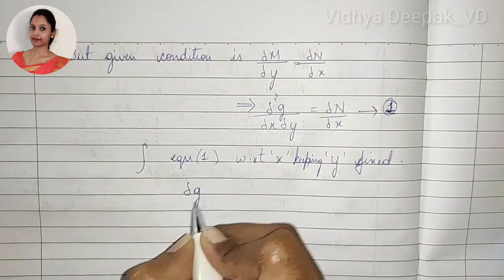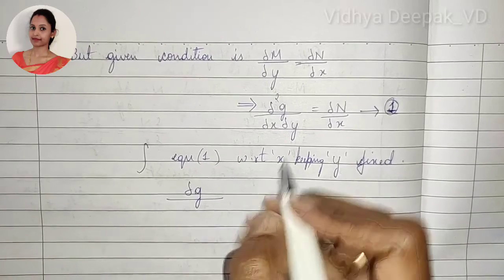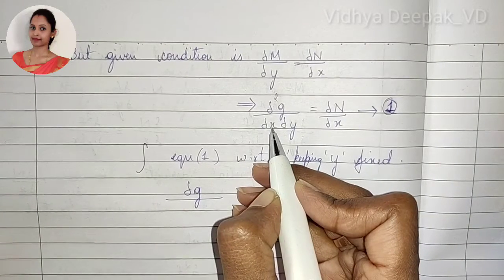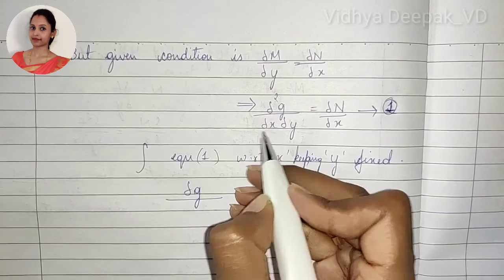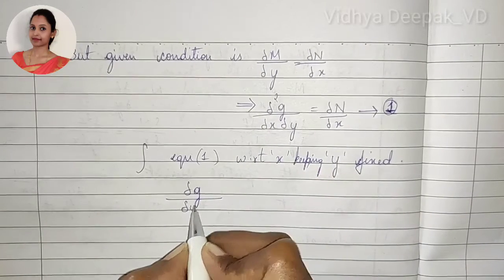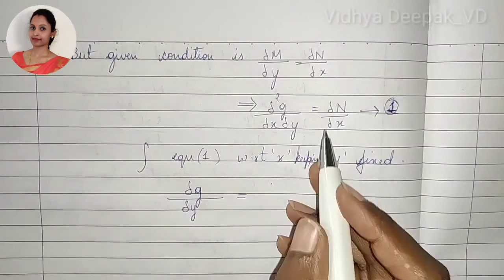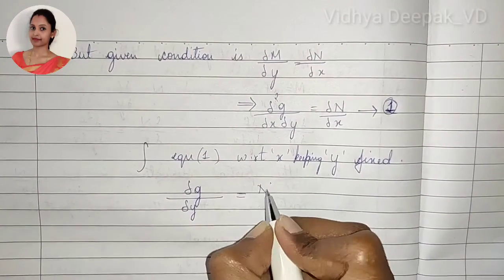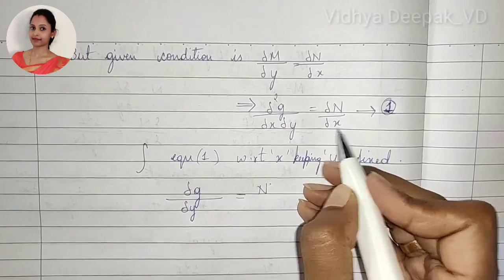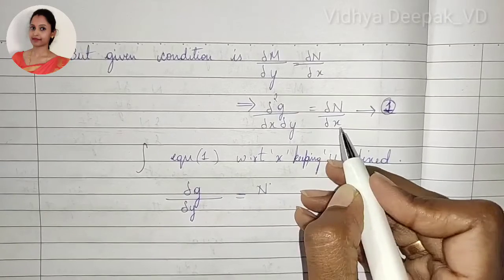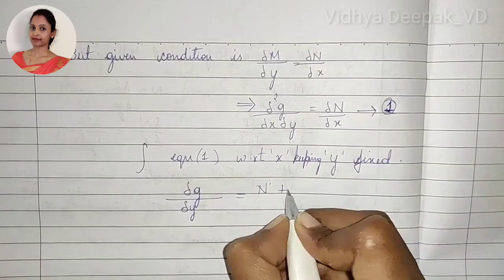So you have dou g by dou y is equal to n, since integration and differentiation with respect to x get cancelled, with an integration constant.